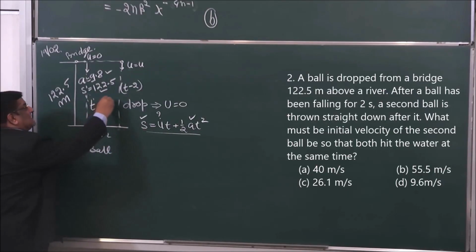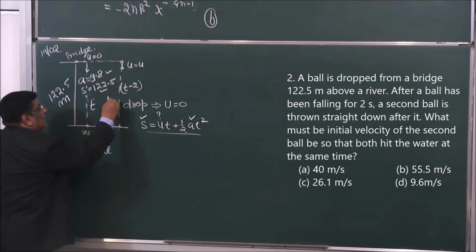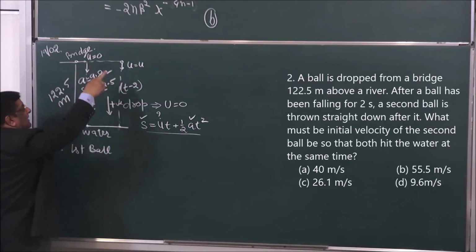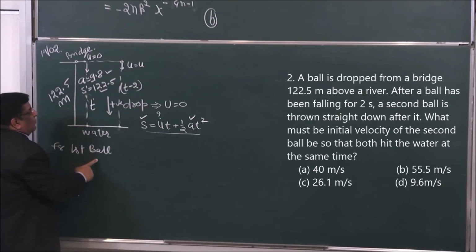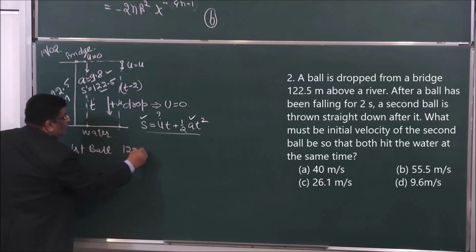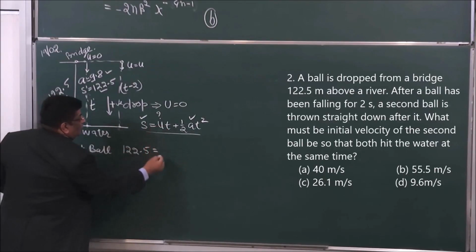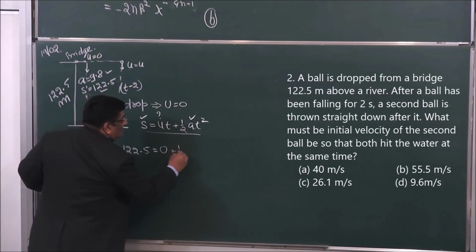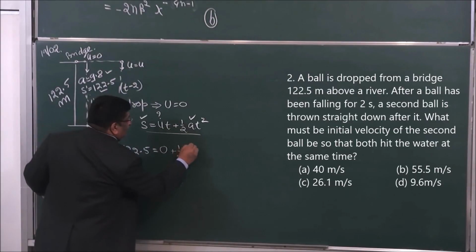For the first ball, let us take downward as the positive direction, then everything is plus here. For the first ball s is equal to 122.5, which is equal to u, which is 0, plus half acceleration, let's take 9.8, into t square.